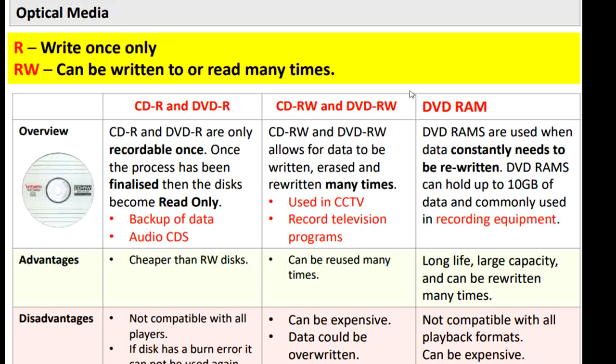They are read only or write only. You can write or copy to them once. A CD or a DVD with RW, meaning they are read write. You can delete and add to them.